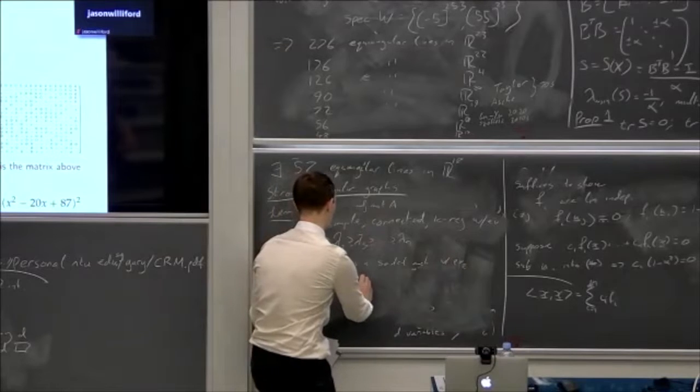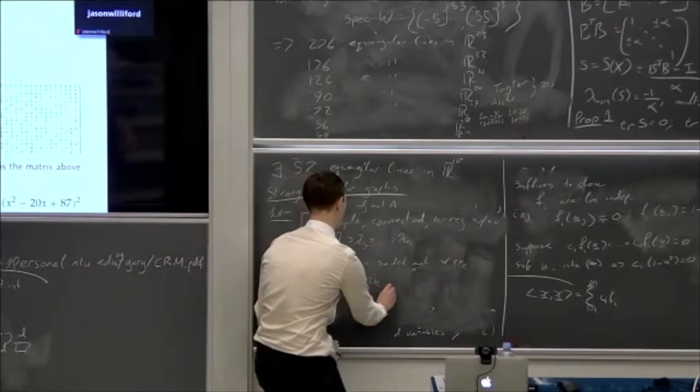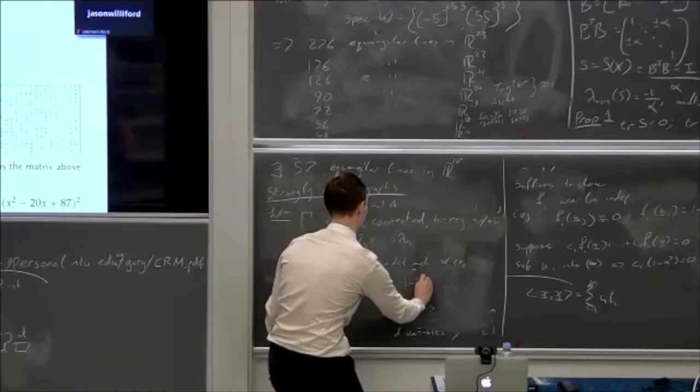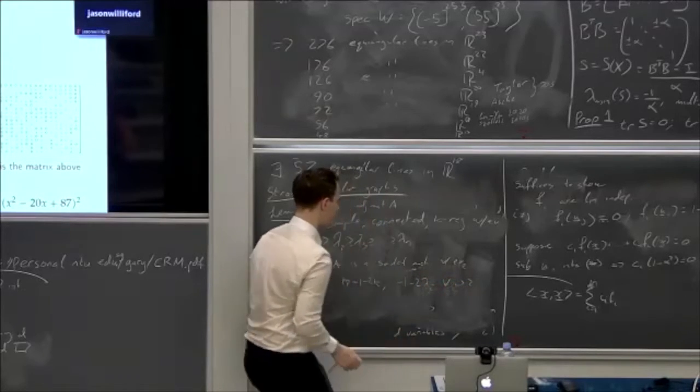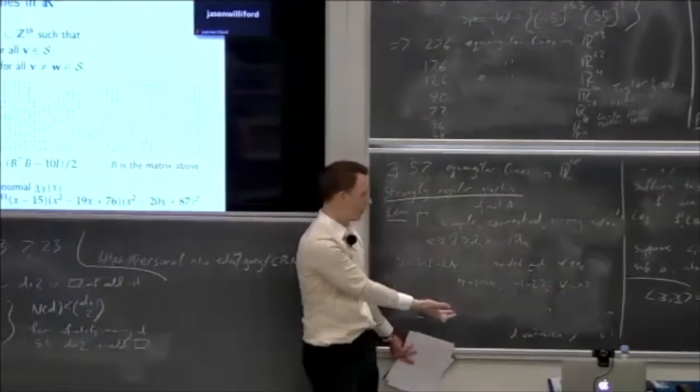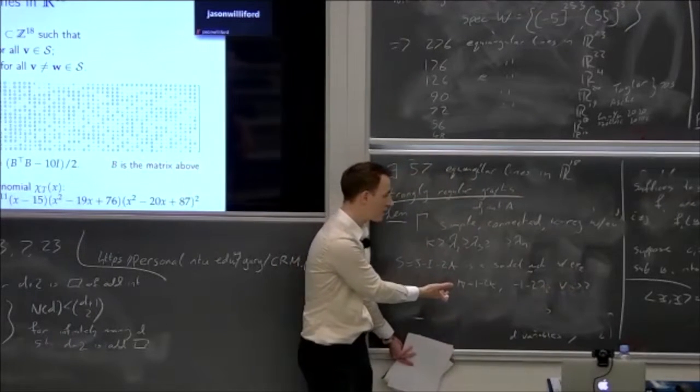So you get n minus 1 minus 2k, and minus 1 minus 2 lambda i for all i at least 2. So going from regular graphs to Seidel matrices, you can easily work out their eigenvalues.